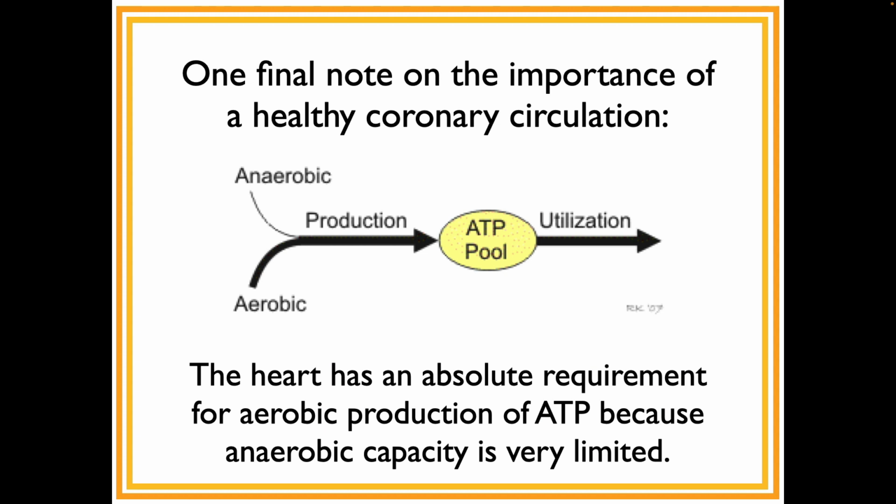The reason is there's no storage capacity for oxygen anywhere in the heart. The blood just goes through it. So it has an absolute requirement for aerobic, with-oxygen production of ATP, because there's very little anaerobic, no-oxygen way to produce ATP.